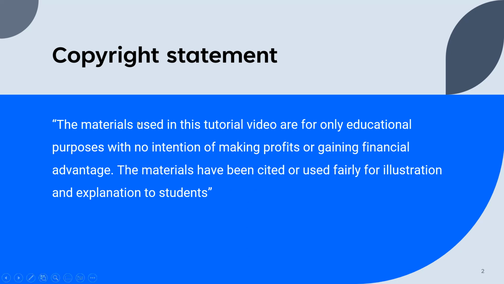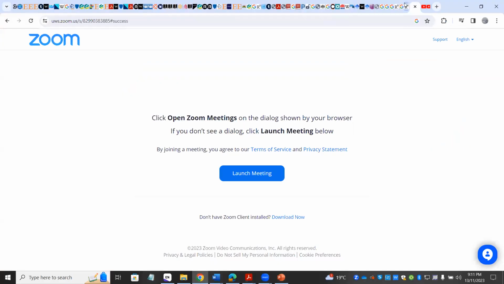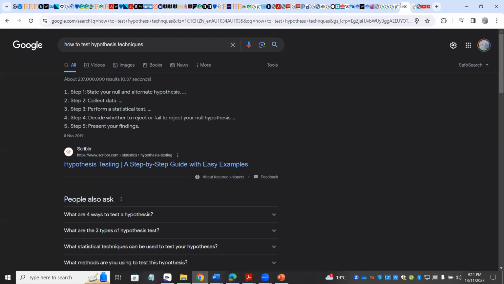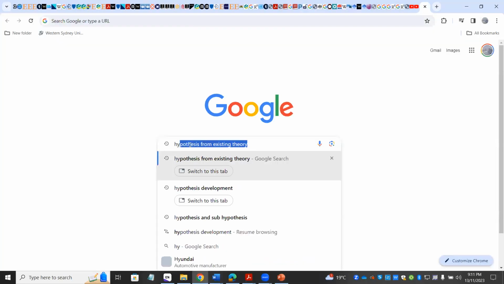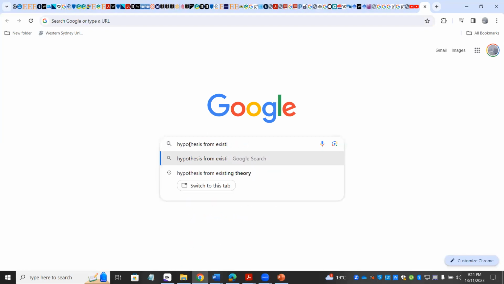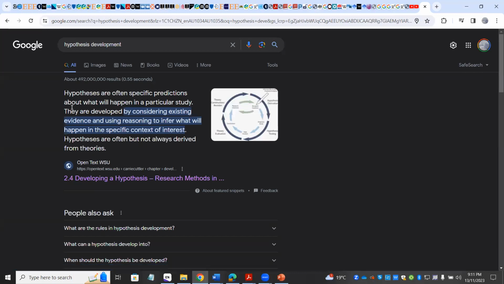We are going into the hypothesis development. So what do you need? First, we need to define what hypothesis is. So the question is, what is hypothesis? A little bit of Google search, which I want us all to do. So hypotheses are often specific predictions about what will happen in a particular study.